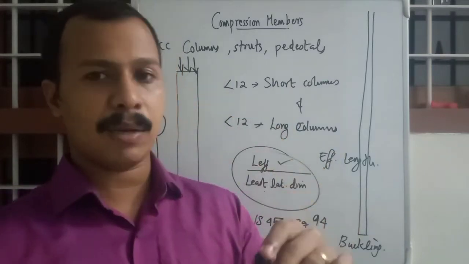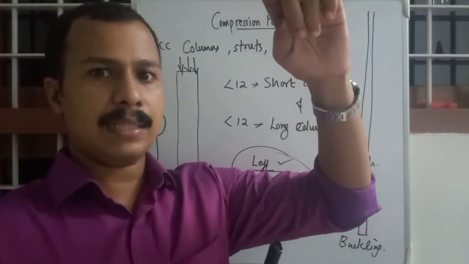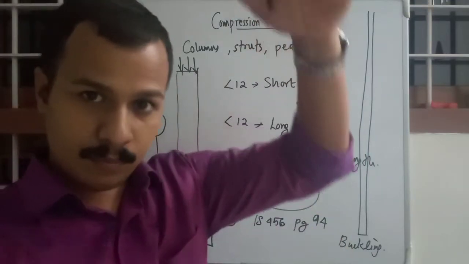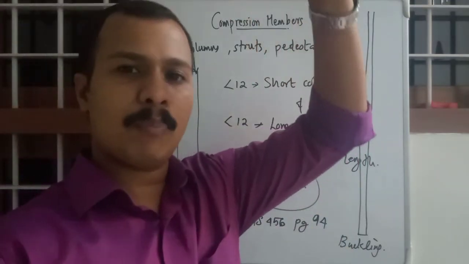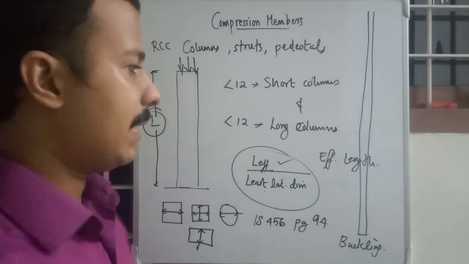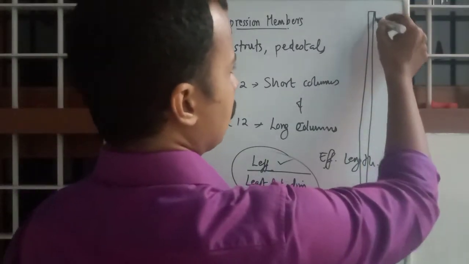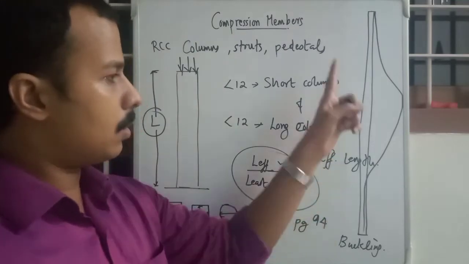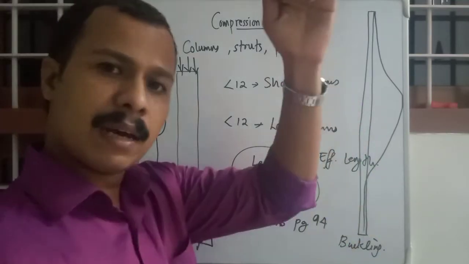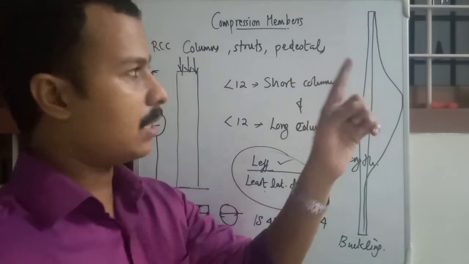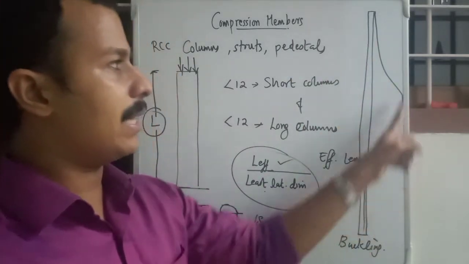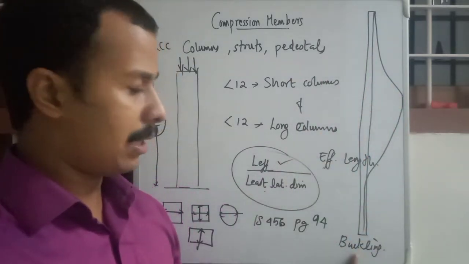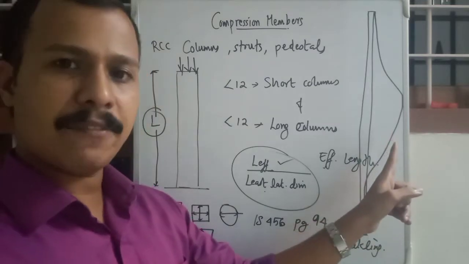But if this marker were of this much length, even if I am only applying compressive force, it can bend like this. Any sufficiently long element, when compressed, can buckle. That is called buckling, and it is a failure.